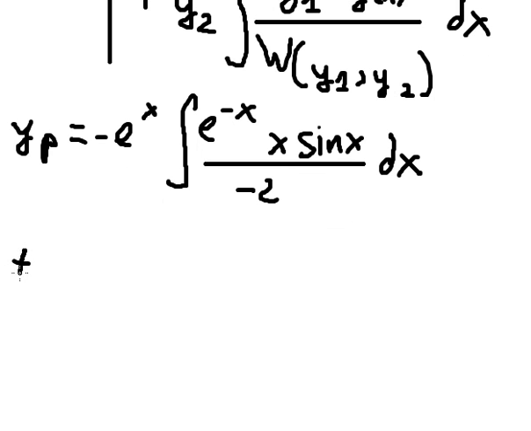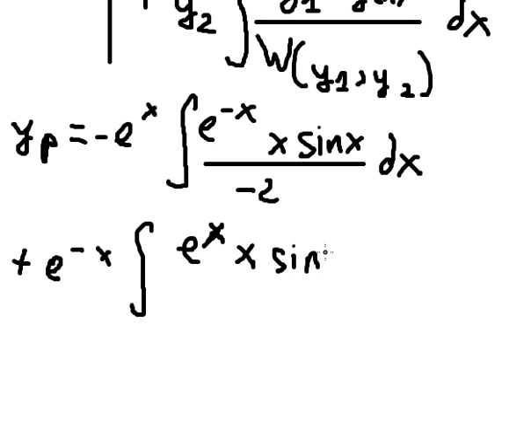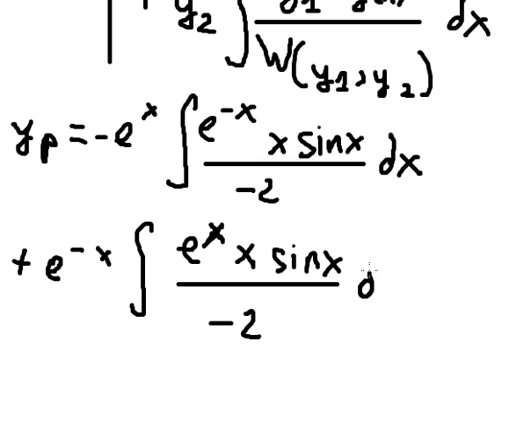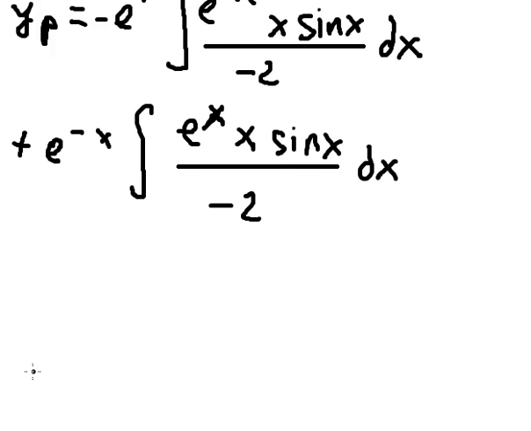So we have positive e to the power of negative s. And we have the integration e to the power of s, then we have s sine s over negative number 2. So we put negative number 2 go outside, this one go outside.